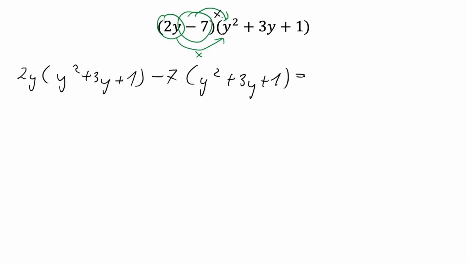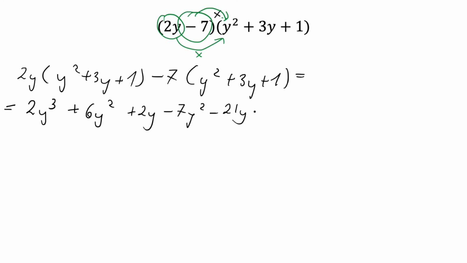So let's do the multiplication. 2y times y squared is 2y cubed. 2y times 3y is plus 6y squared. 2y times 1 is plus 2y. On this side we have minus 7 times y squared is minus 7y squared. Minus 7 times 3y is minus 21y, and minus 7 times 1 is minus 7.